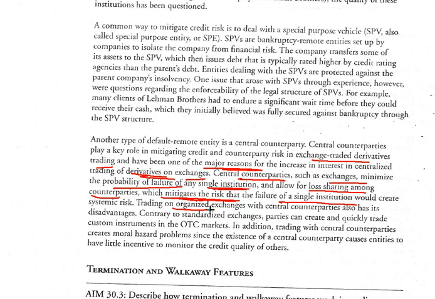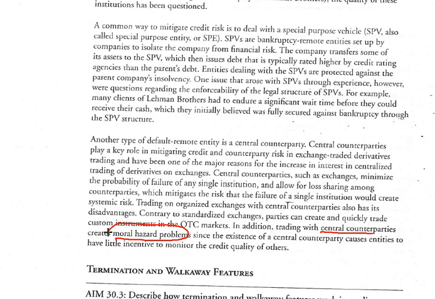Trading on organized exchanges with a central counterparty also has disadvantages. Contrary to standardized exchanges, parties can create and quickly trade custom instruments in the OTC market. Trading with central counterparties also creates a moral hazard problem.